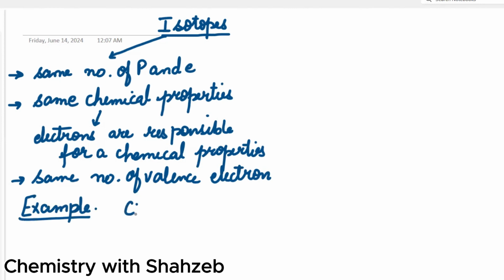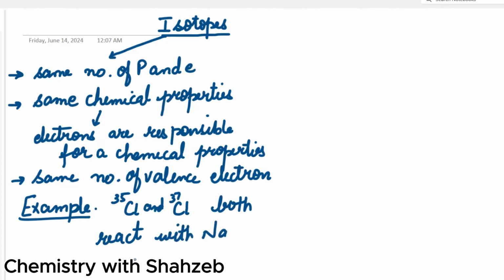What is the example we can associate with it? Chlorine 35 and chlorine 37 both react with sodium to form NaCl.